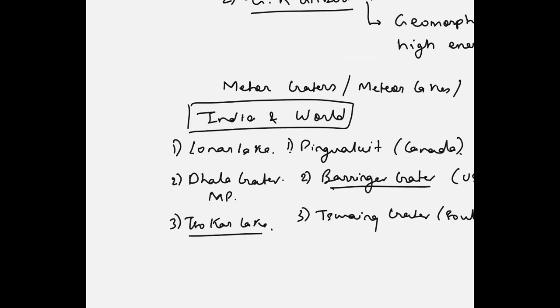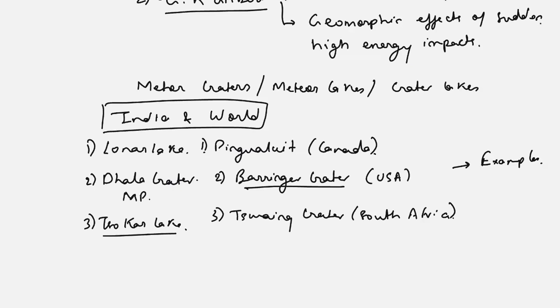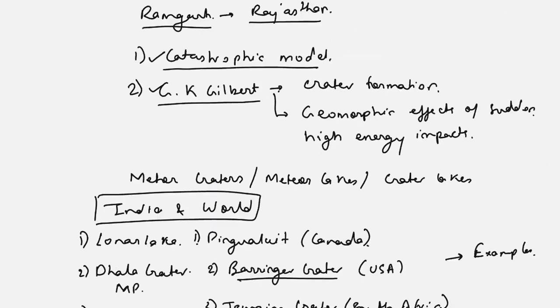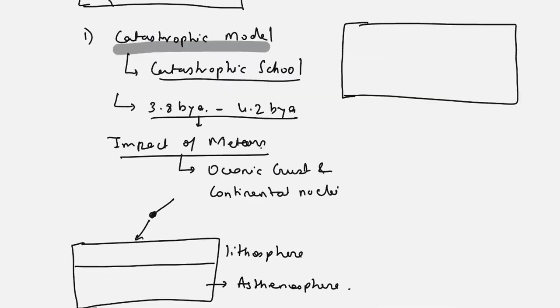This is also one of the lakes formed because of meteorite impact and volcanic activity. Later on, it got modified with respect to the salinity and the physiography of the region. So this is another case where we can add the formation of crater lakes, and a specific example of Ramgarh. Did you get it, guys?